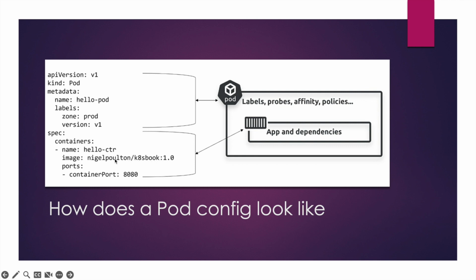You can have your registry configured with Kubernetes, and if you provide your account name and then the name of the image and its tag, it will pull that image from there. And then the ports you want to expose on the container. And this is the visual illustration. Inside the pod, you have this container, and the pod adds these things on top.